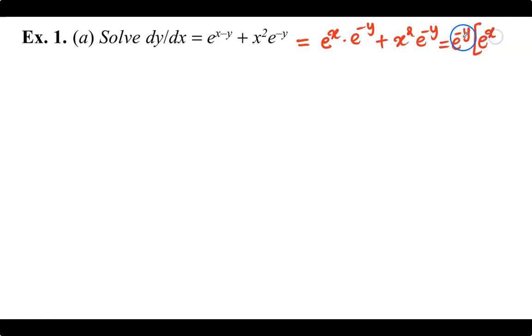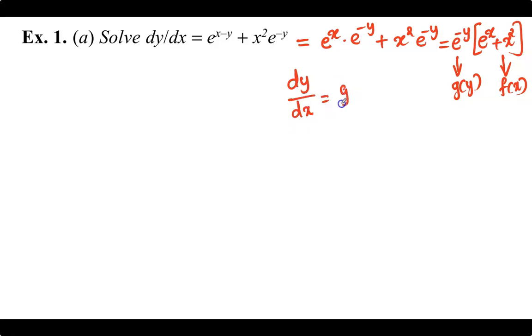Then we will get e raised to minus y into e raised to x plus x square, and it is easy to observe that this function is a function of y alone and this is a function of x alone. So we have expressed our differential equation in the form dy by dx equal to a function of y into a function of x. Hence, this equation does have separable variables.